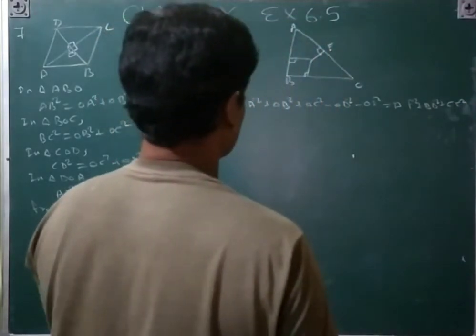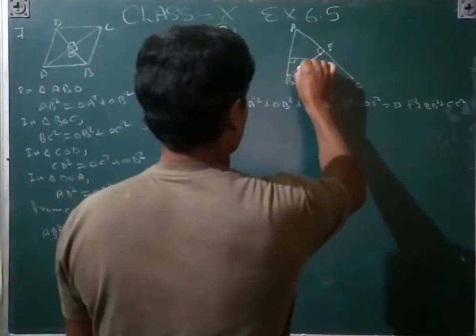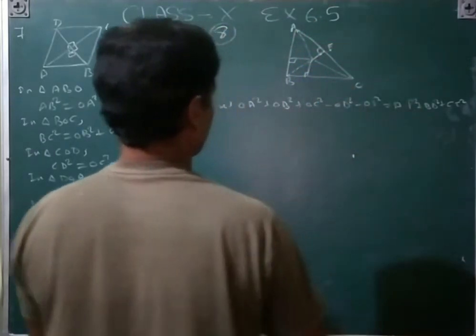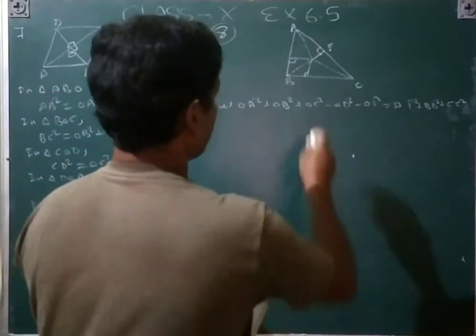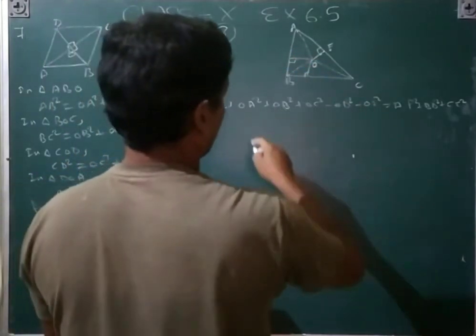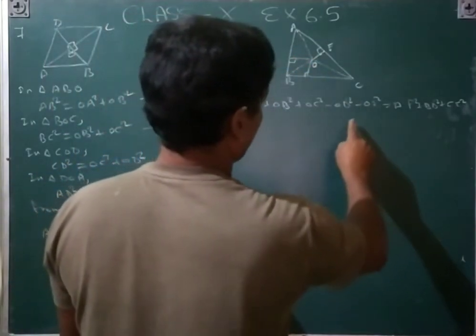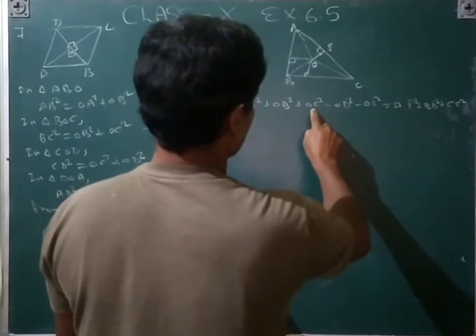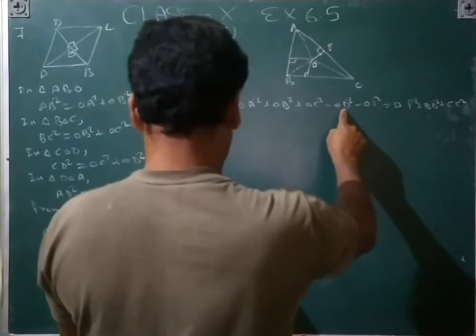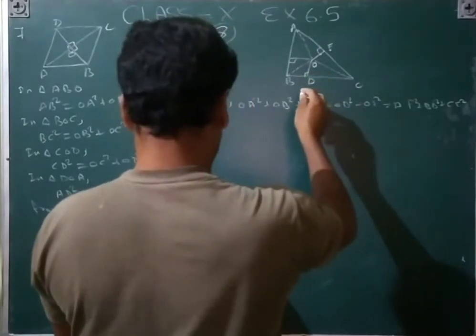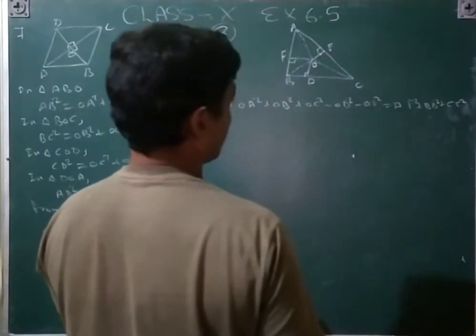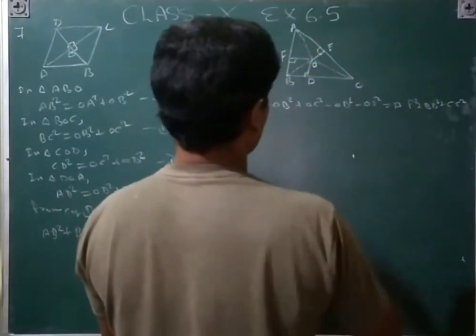So first of all, we will join the lines. OA, OB, OC, OD. Something is left, D and F also, so we are taking AF also.